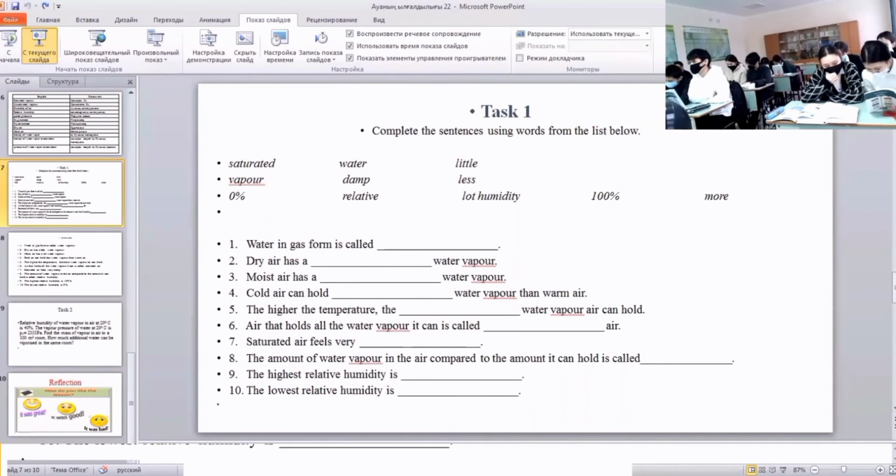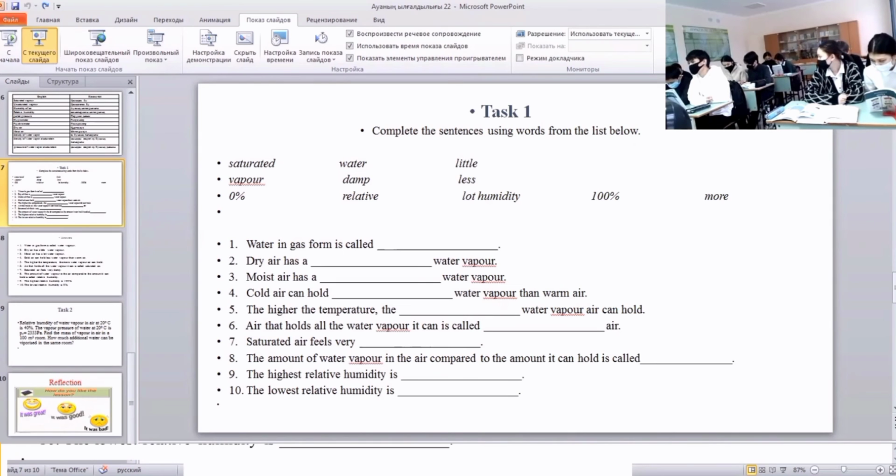Second group. Cold air and warm air can hold water vapor, but warm air can hold more.